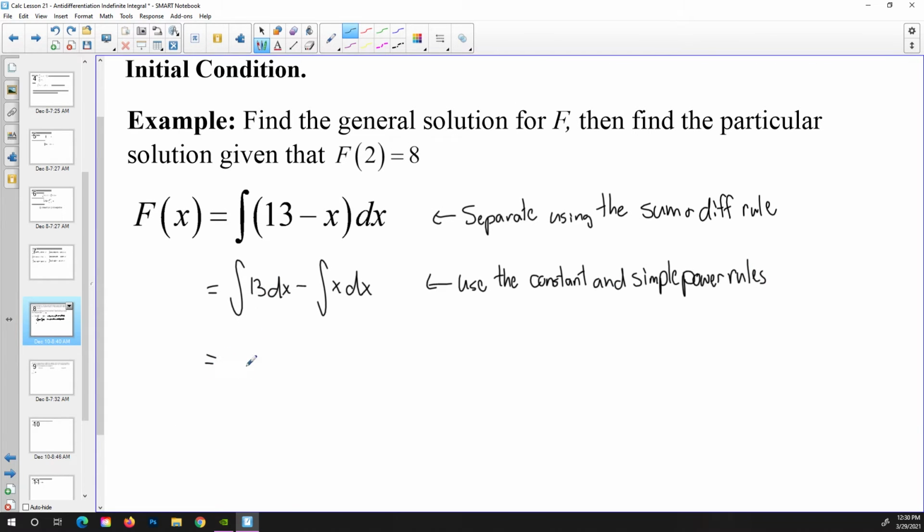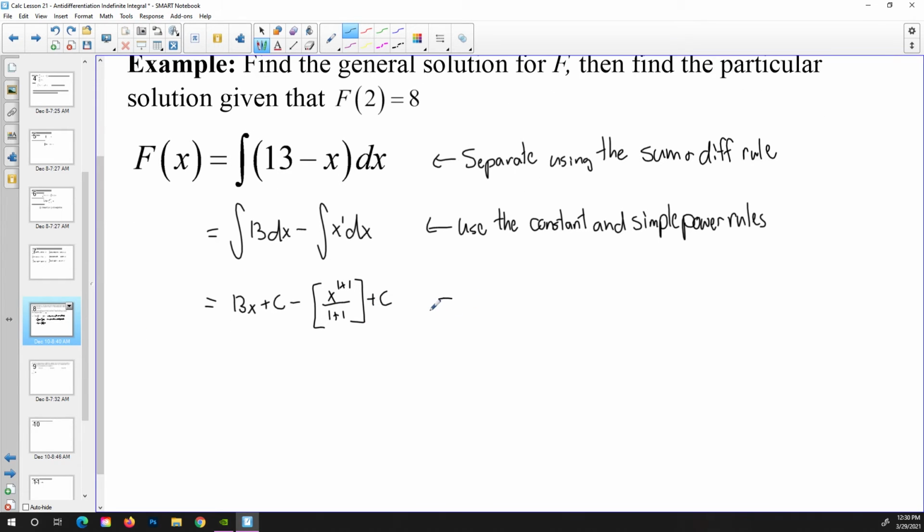So the integral of 13 is going to be 13x plus c minus, now this is to the first power, so when I do that integral, it'll be x to the 1 plus 1 over 1 plus 1 plus some constant c. So here I'm going to simplify and reorder.